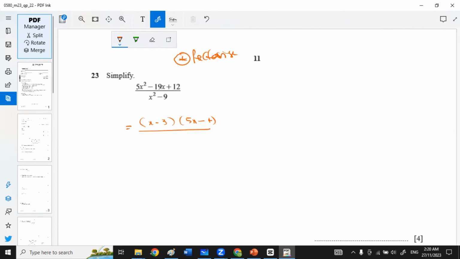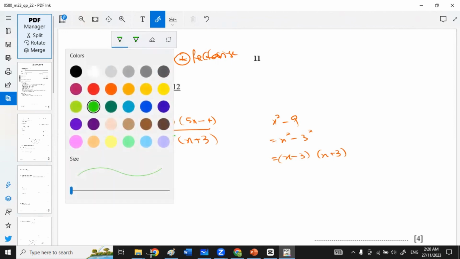Okay, and this will be in the form of x squared minus 9, which is equal to x squared minus 3 squared, equal to x minus 3, x plus 3. So x minus 3, x plus 3. Okay. After you factorize, you should be able to cancel one of it, at least one.